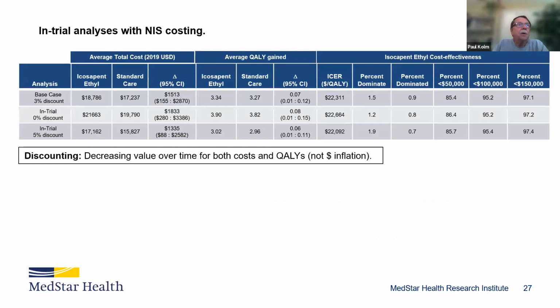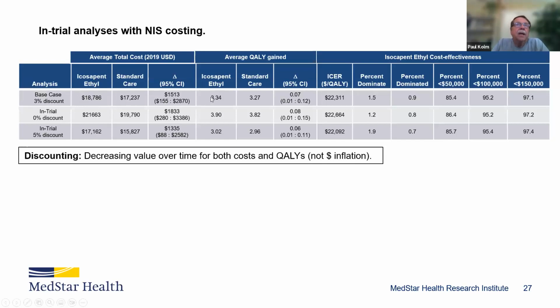So what we're calling our base case, where we're doing 3% discounting. So our IPE group, it cost $18,000 plus for the drug for IPE. For the standard of care, it was $17,000. So the difference in the mean cost here is $1,500.